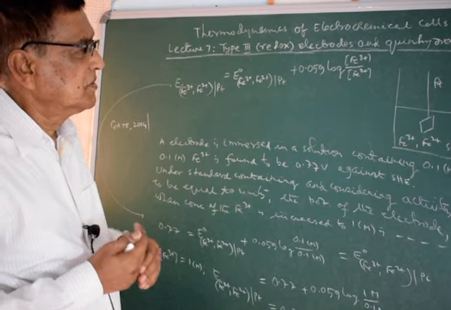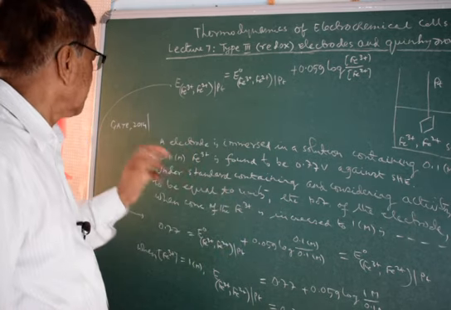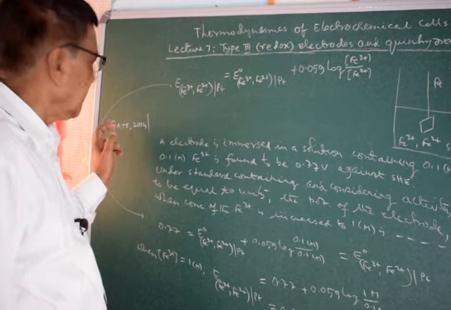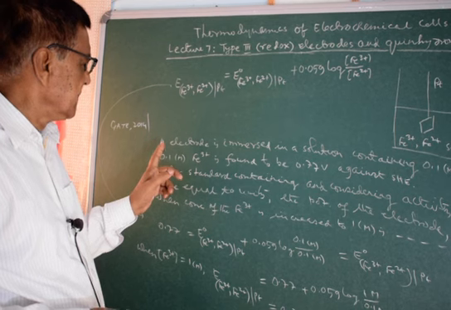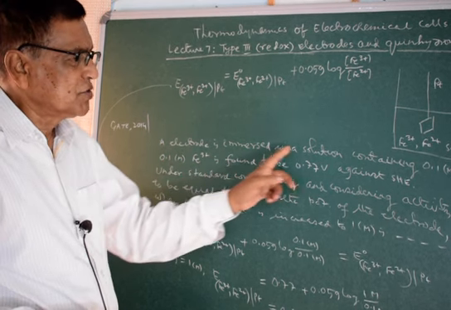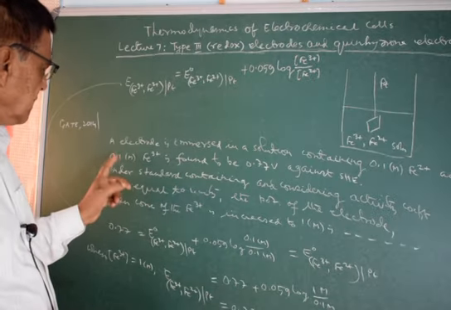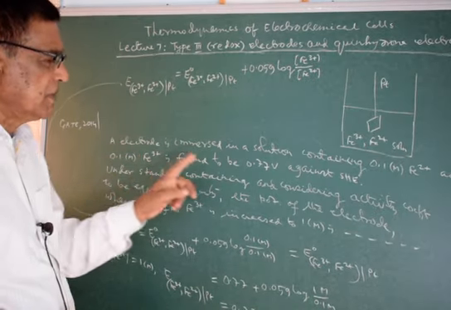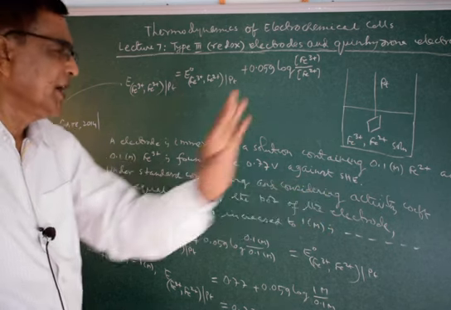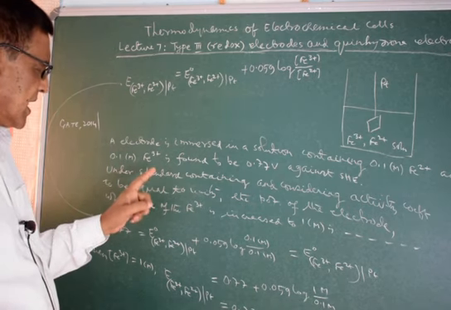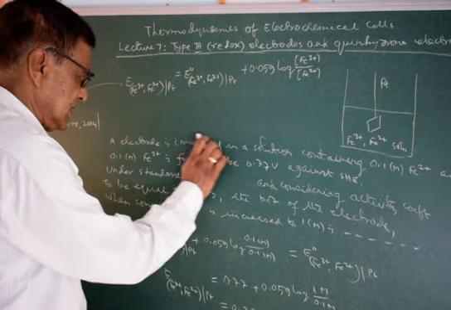On the basis of this formulation, one problem I can set which was given in GATE 2014. A platinum electrode is immersed in a solution containing 0.1 molar ferrous ion and 0.1 molar ferric ion and its potential is found to be 0.77 volt against a standard hydrogen electrode under standard conditions.